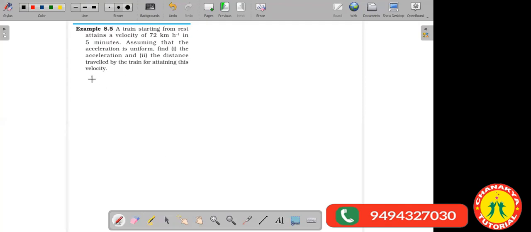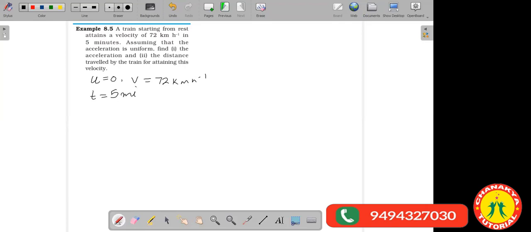Since the train starts from rest, we take the initial velocity as 0. The final velocity attained V is 72 kilometers per hour. And time is 5 minutes.